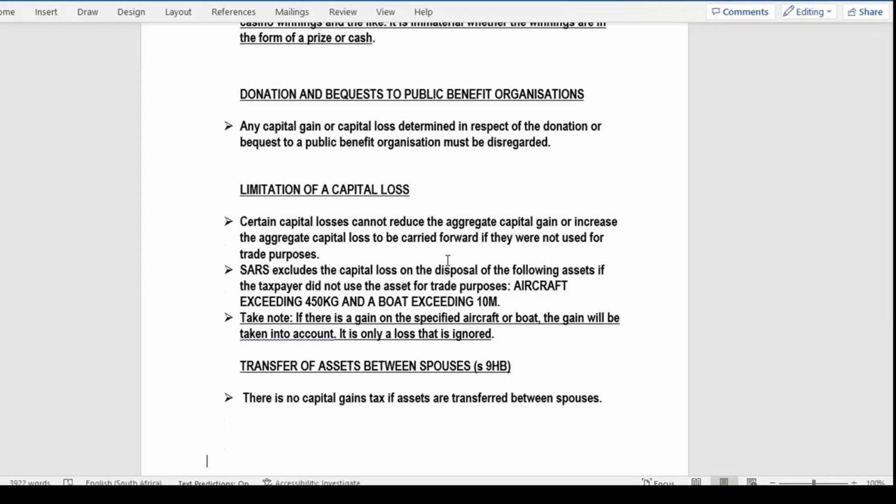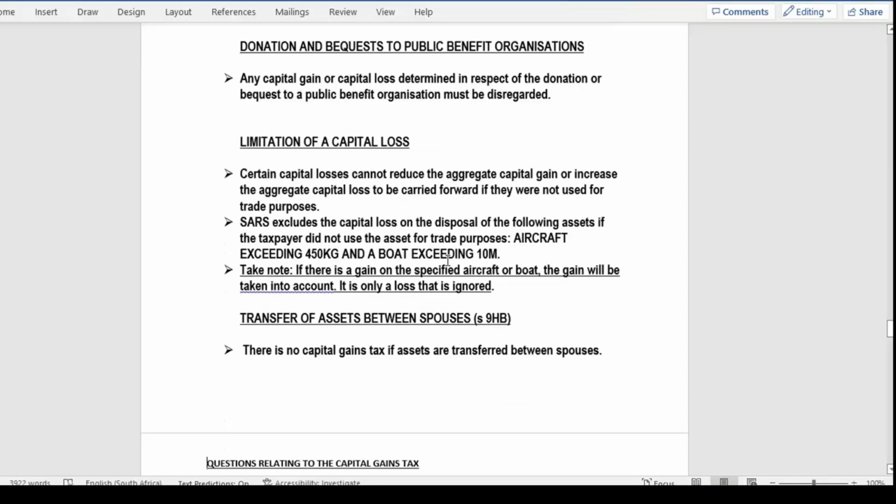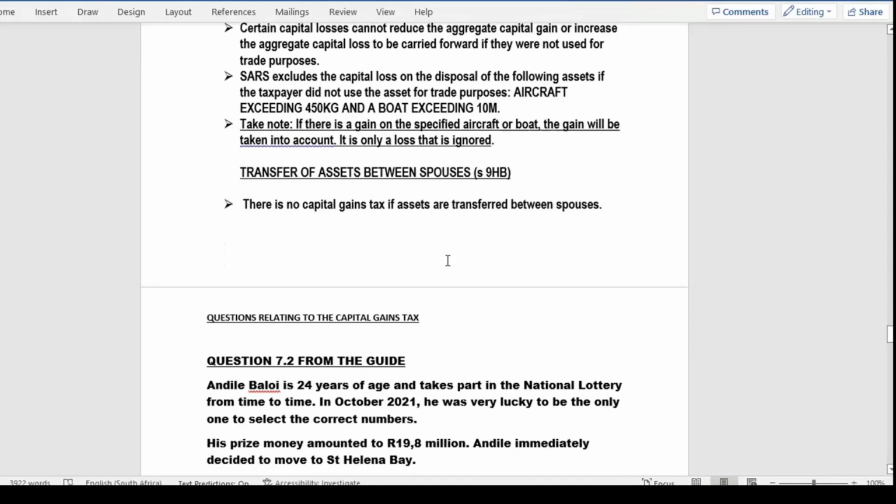I think we covered that up there. So you need to take note of this. If there's a gain on the specific aircraft or boat, the gain will be taken into account. It is only the loss that is ignored. So if you're disposing of the aircraft or the boat and there's a gain, obviously it is going to be taxed at 40%, and if there's a loss, it's going to be ignored.